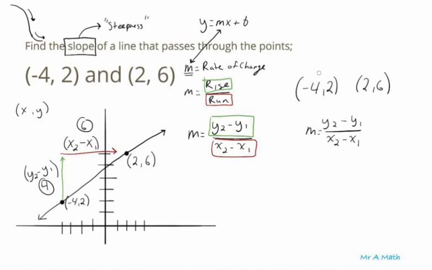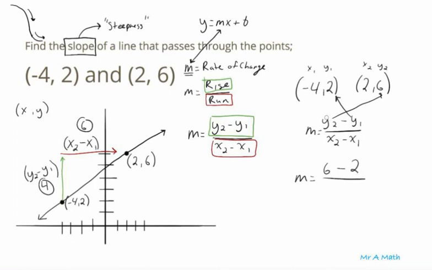It doesn't really matter which one you designate as the first point or the second point, but I usually just go from left to right. So I would deem this as my x1, my y1, this would be my x2, and this would be my y2. Let's plug it into the formula. So m equals y2 minus y1, so it's going to be 6 minus my y1, which is 2.